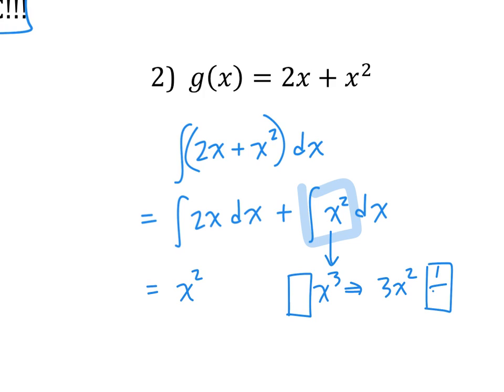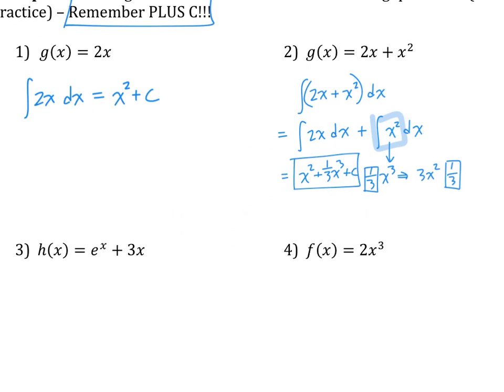So then you put 1/3 here, and a 1/3 here, so the answer is 1/3 x cubed. But like I said, eventually you're going to be really quick. You're going to do this in your head. Okay, so plus 1/3 x cubed plus c. Good? Okay. All right, next one.